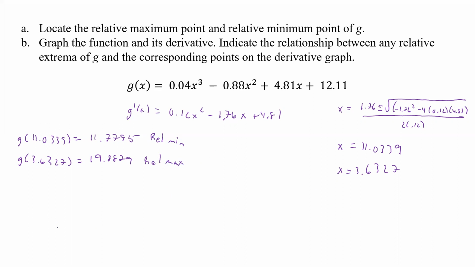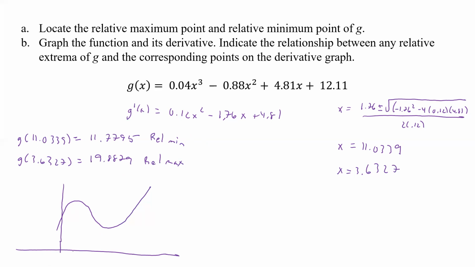And again, if we're thinking about how this works, we have a positive, so we're going to have some kind of a function that's going to be like this. And if this is at 3.6, maybe that's going to be our axis there. And it's always going to be positive, so it's going to be something like that. And so now we have to think about this one. That's going to be a positive. It's opening up.